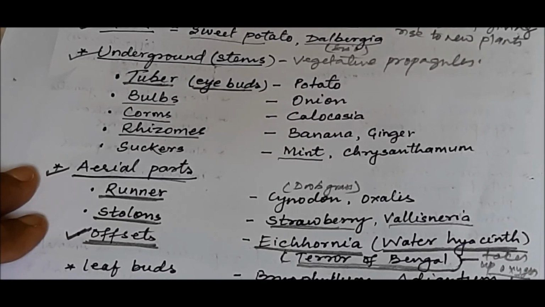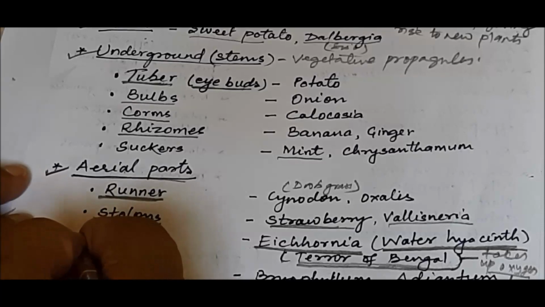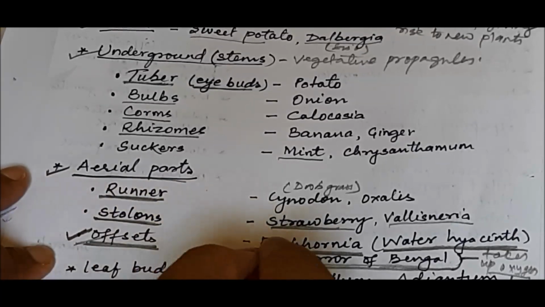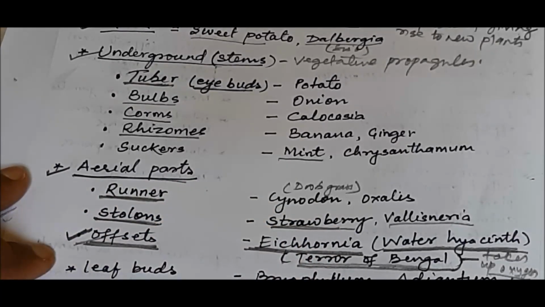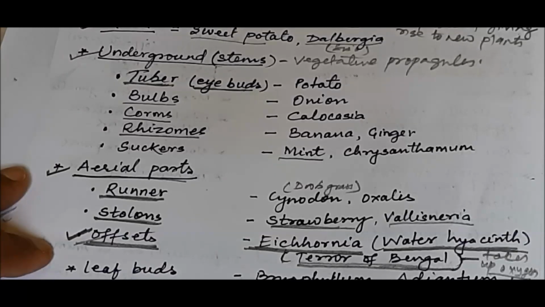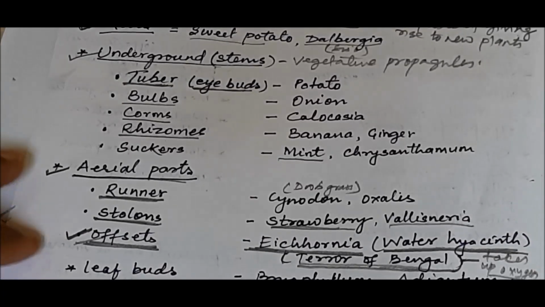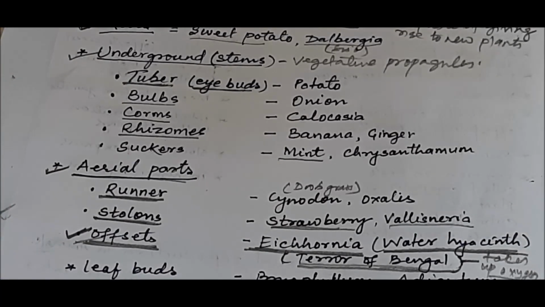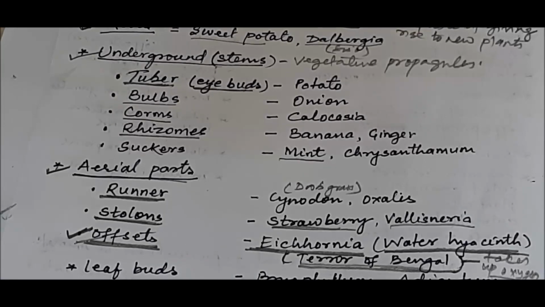This causes a lot of death in aquatic life. So this becomes a terror for aquatic life. In Bengal, it was brought because it has very beautiful flowers, so it was grown in ponds, and very soon it covered the whole pond and caused death of living organisms in the pond.